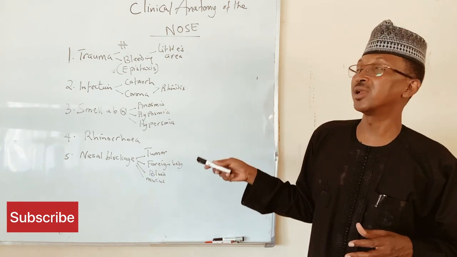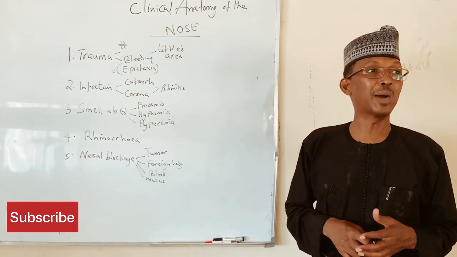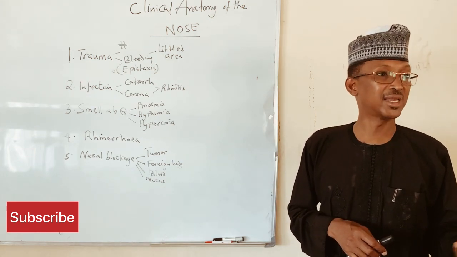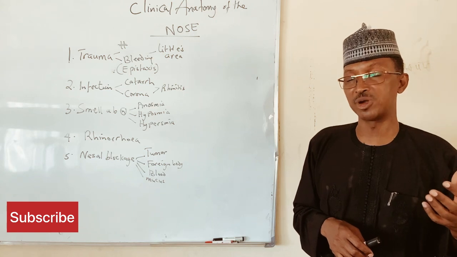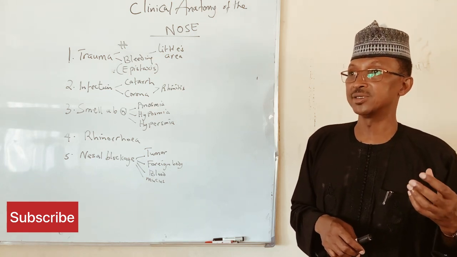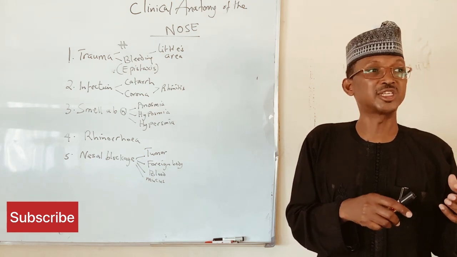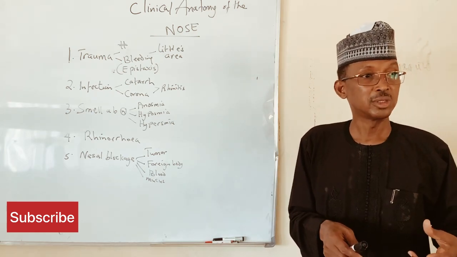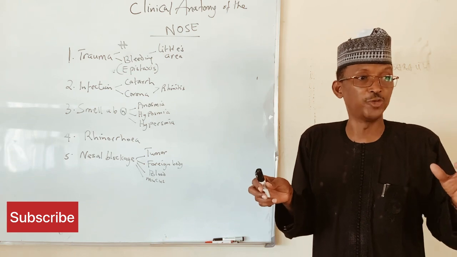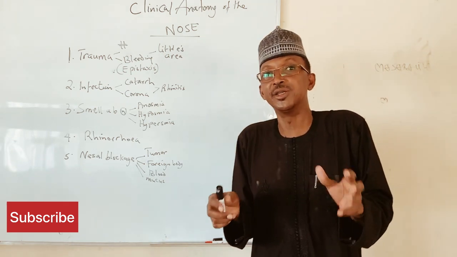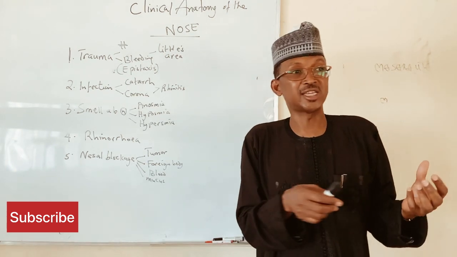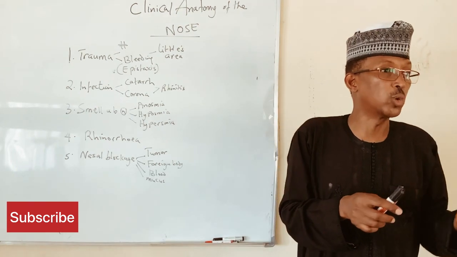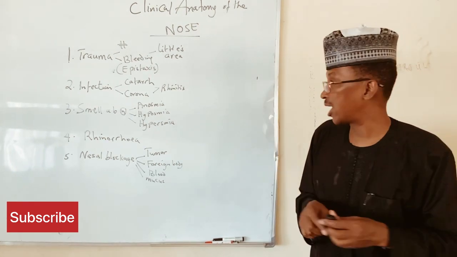Similarly, the sense of smell by the nose can be abnormal. At times, the nose may not be able to smell the smell around completely. If you bring something very smelly into this room, the person that has that condition may not likely smell it at all. That is what we call anosmia.